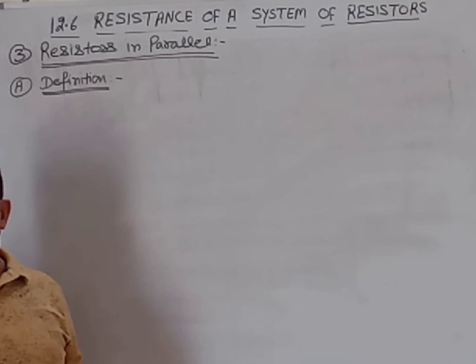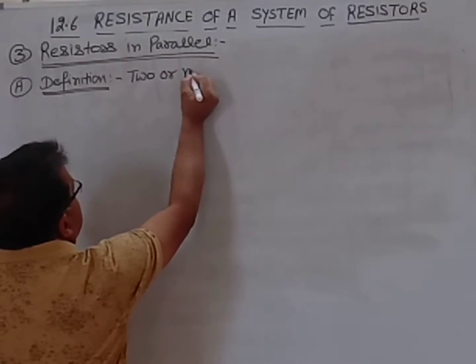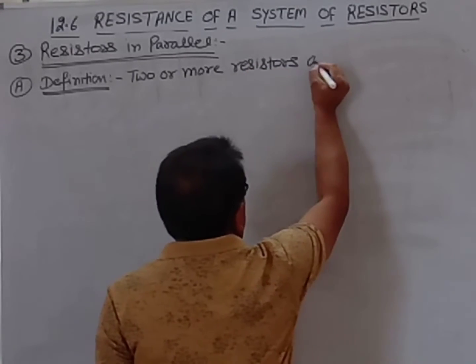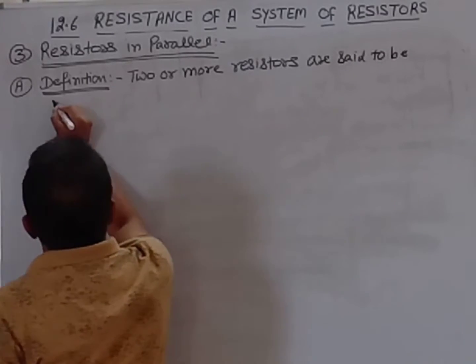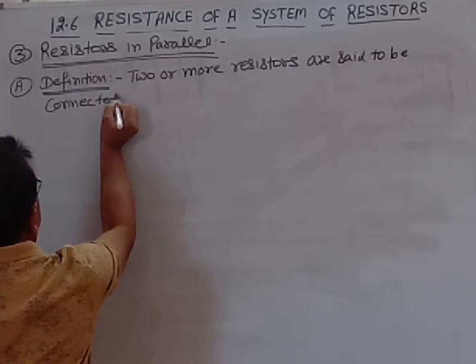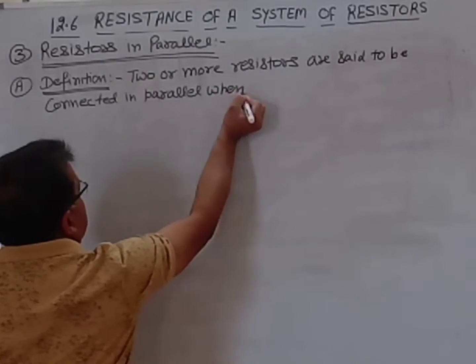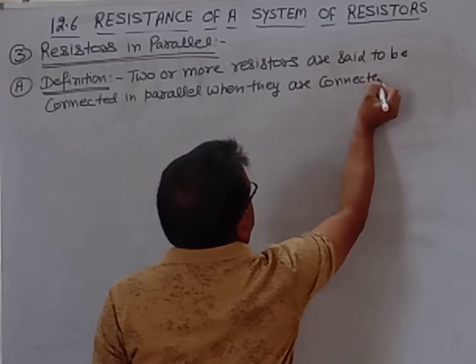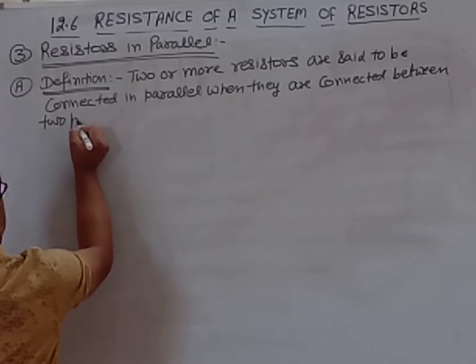Two or more resistors are said to be connected in parallel when they are connected between two fixed points.